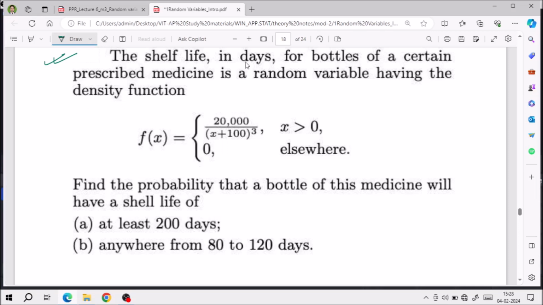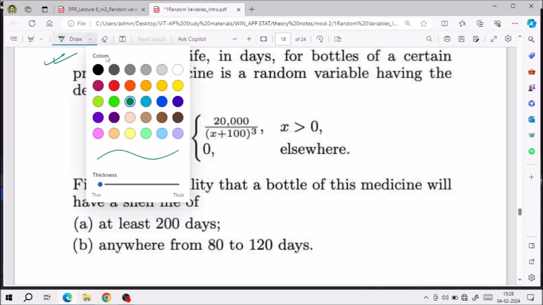The shelf life in days for bottles of a certain prescribed medicine is a random variable having the density function f(x) equal to 20,000 divided by (x plus 100) cubed when x is greater than 0, and 0 elsewhere. Find the probability that a bottle of this medicine will have a shelf life of at least 200 days.